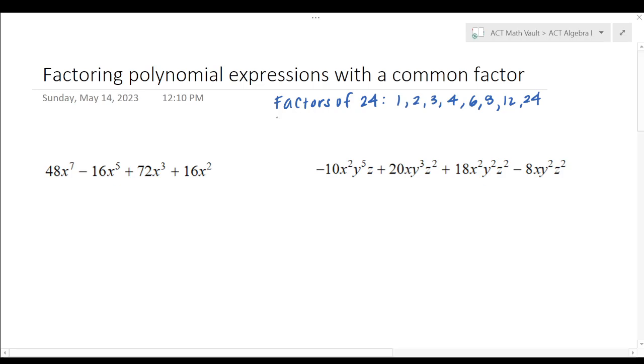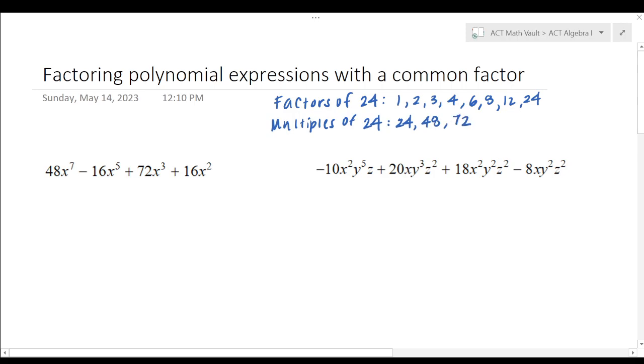A multiple is just 24 times 1, times 2, times 3, times 4. So think of the number of hours in 1 day, 2 days, 3 days, and so on.